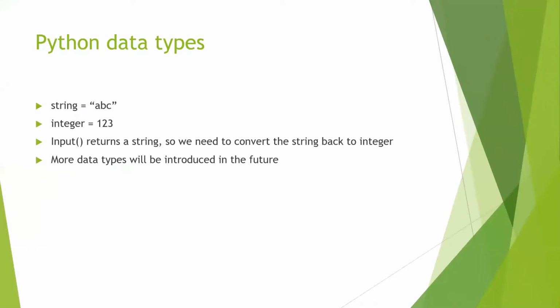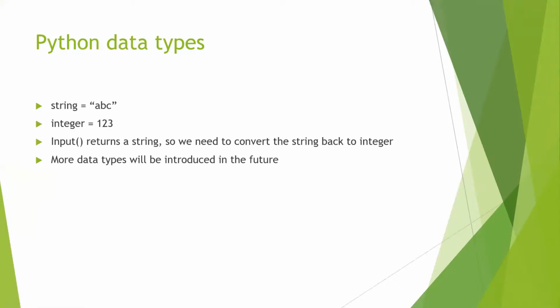So let's first talk about some Python data types. We have string right here. So string, that's the name of the variable, is equal to, in quotation marks, ABC. So ABC is the value of the string. And 1, 2, 3, that is an integer. So there's no float points, there's no decimal places anywhere.